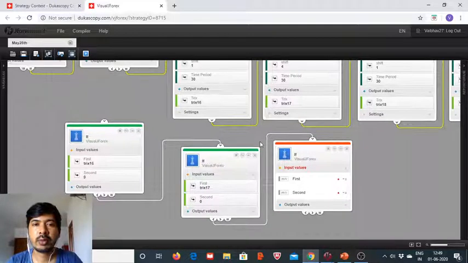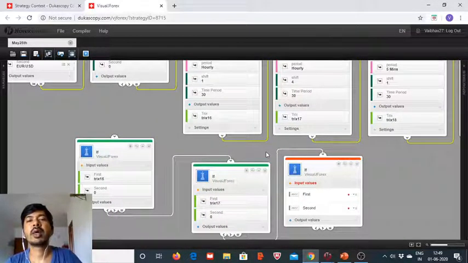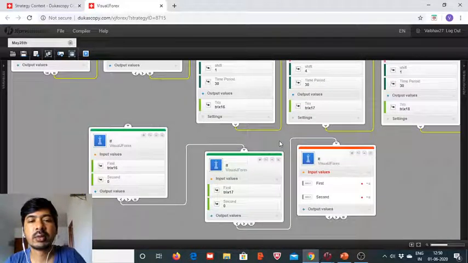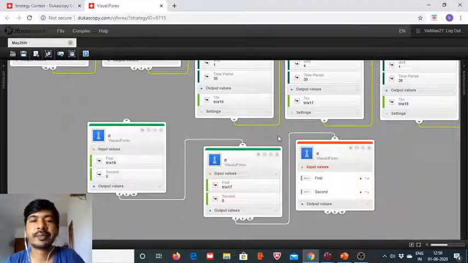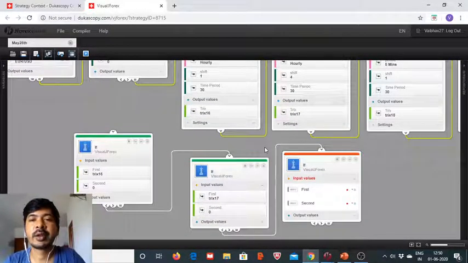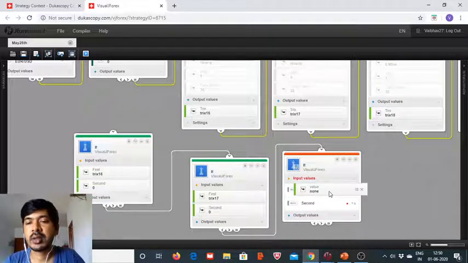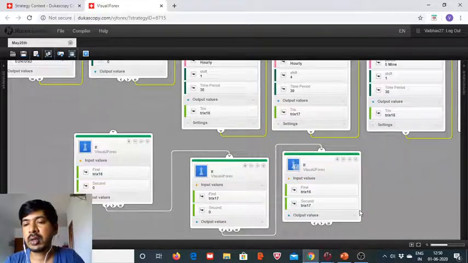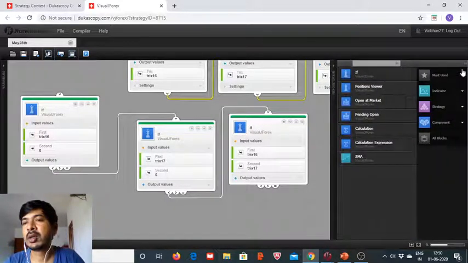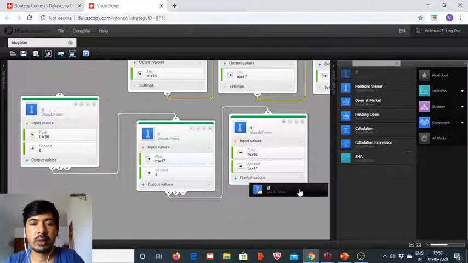Now the TRIX value 1 hour back should be lower than the TRIX value 4 hours back. So we take this TRIX 16 here and then we compare it to TRIX 17, and this should be also falling.